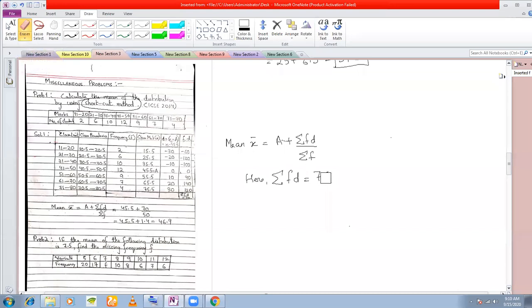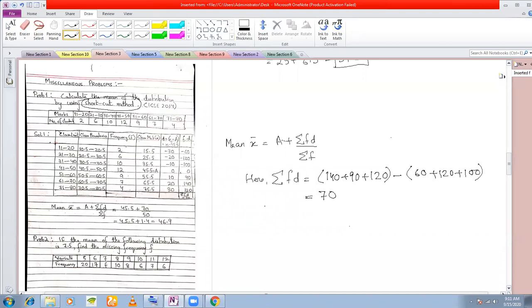How to find the total? You take the total. First, you add all the plus signs: 140 plus 90 plus 120. Then you take the negative ones: 60 plus 120 plus 100. It should come to 70. Now you understood? Yes, sir.